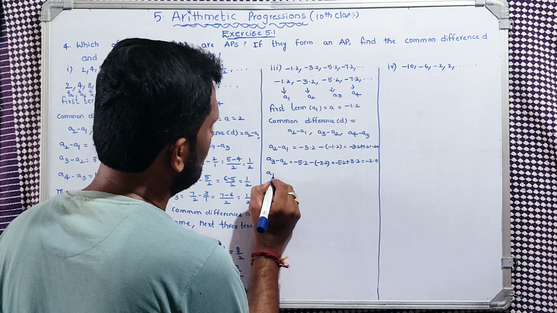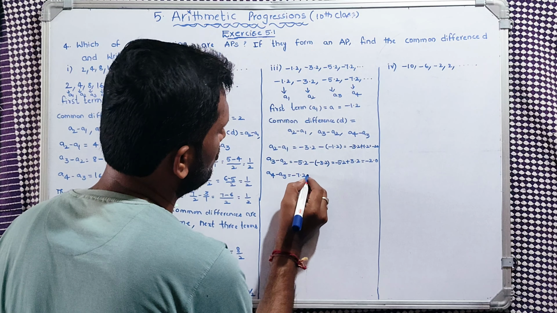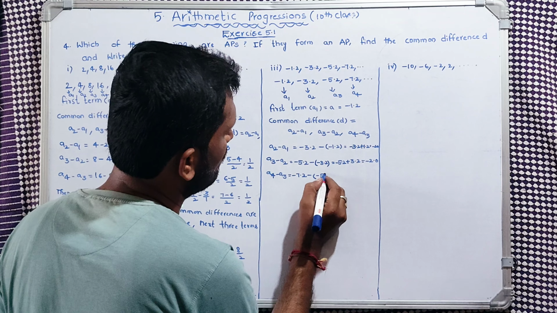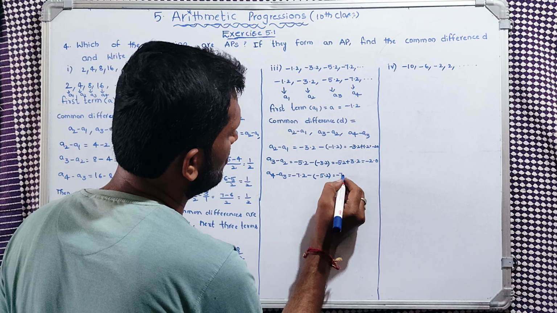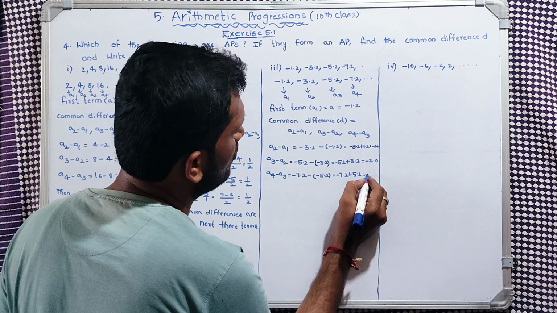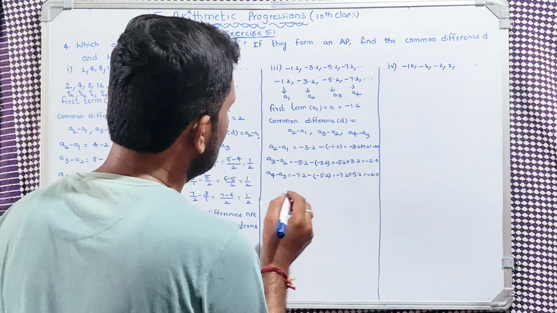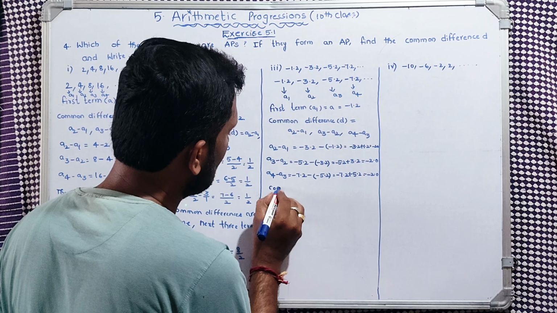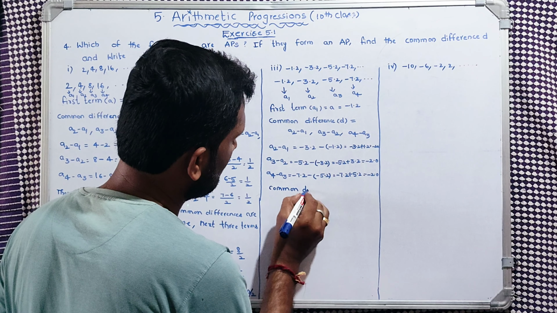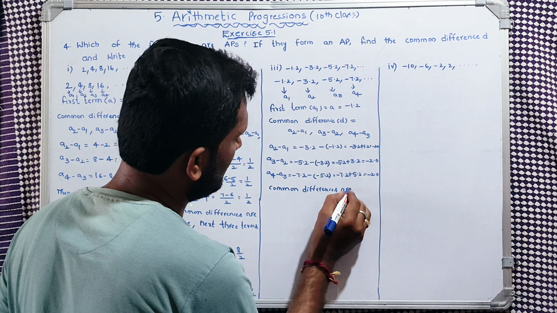Next, A4 minus A3 equal to minus 7.2 minus minus 5.2, equal to minus 7.2 plus 5.2 equal to minus 2.0. Common differences are the same.